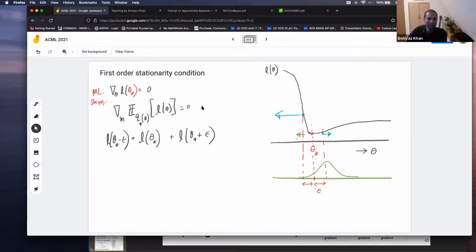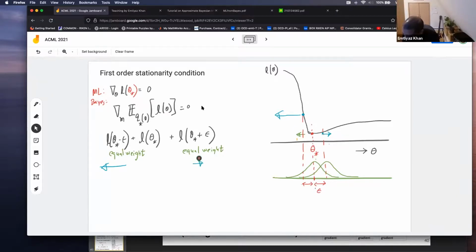okay? So what the Bayes solution will do, if the Bayes solution is located right at theta star, if the Bayes solution was something like this, right about theta star, it will give equal weight to both sides. Right? One gradient is really large. One gradient is small.